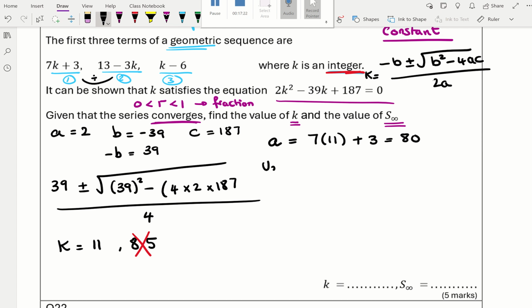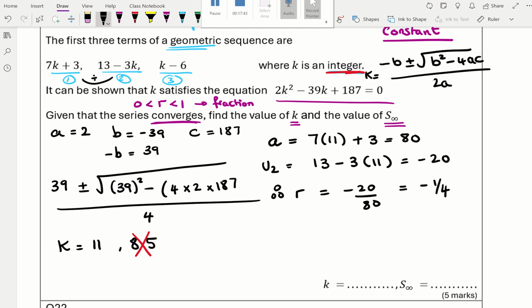The second term, u2, is 13 minus 3 times k, which is negative 20. Therefore, the common ratio is negative 20 over 80, which is negative a quarter.